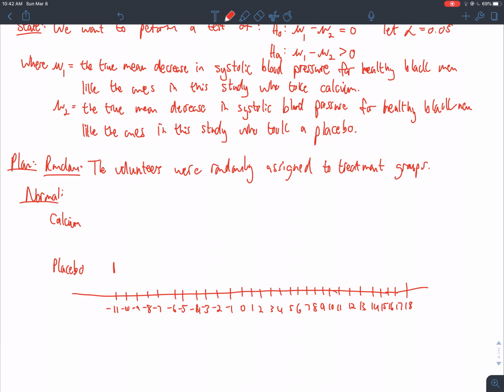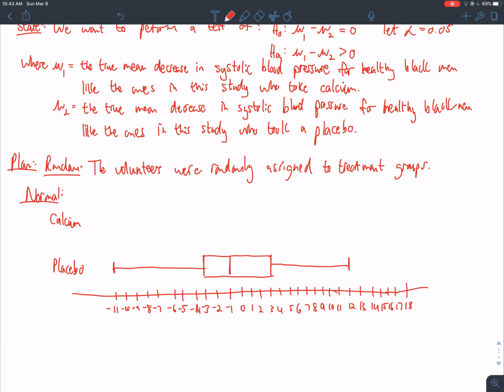You get a Q1 of -3, a median of -1, and then you get a Q3 of 3. So here's my IQR. And then you get a maximum of 12. I think that's what happened for the placebo group. So that's not too bad, right?